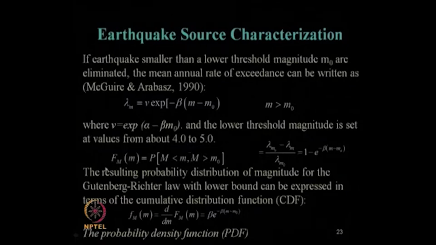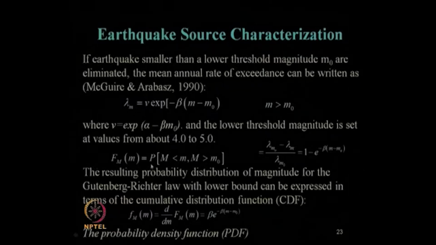Okay? Now, this Fm can be expressed as the probability of occurrence of a particular magnitude of earthquake which is less than a magnitude m at that site, given that magnitude must be more than that threshold value of earthquake. What does it mean? We need to find out that probability distribution function.